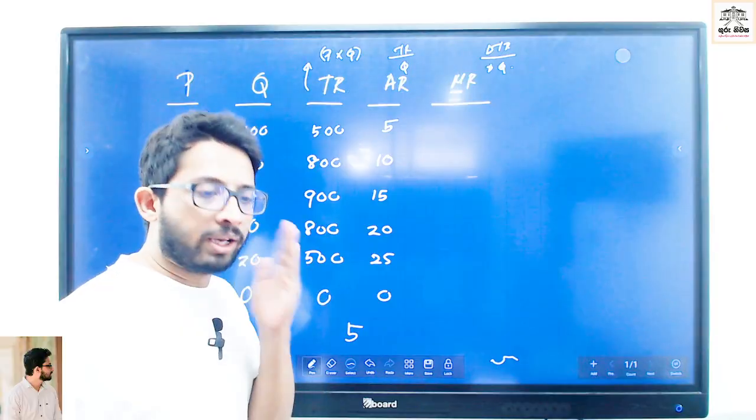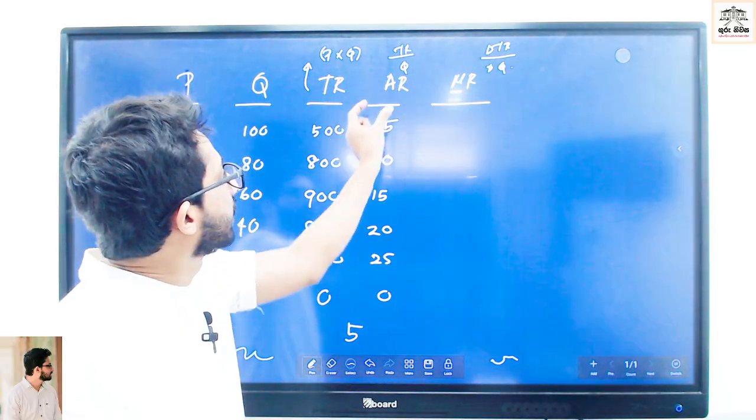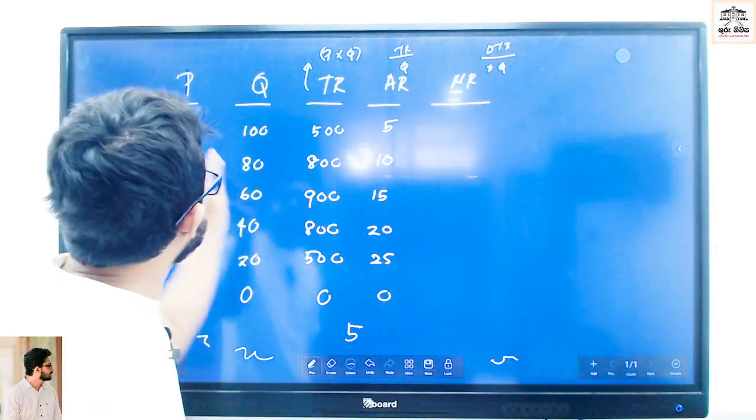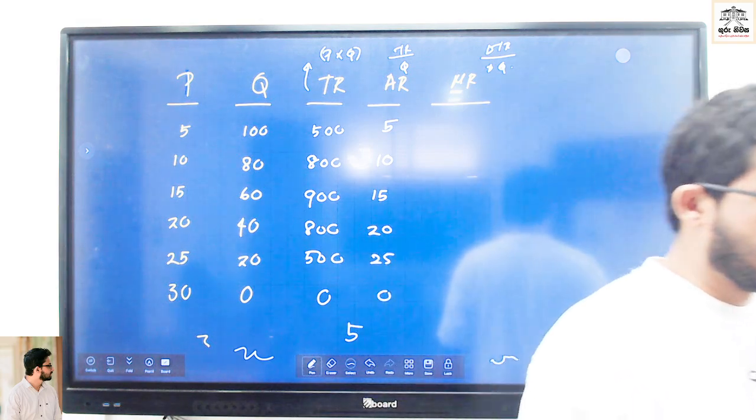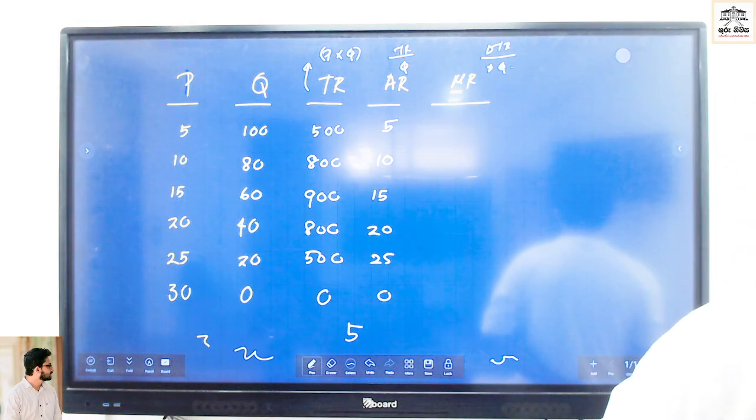Deepna, can you recognize another relationship? Here you can see AR and price. Look at the price column and the AR column. What can you say?